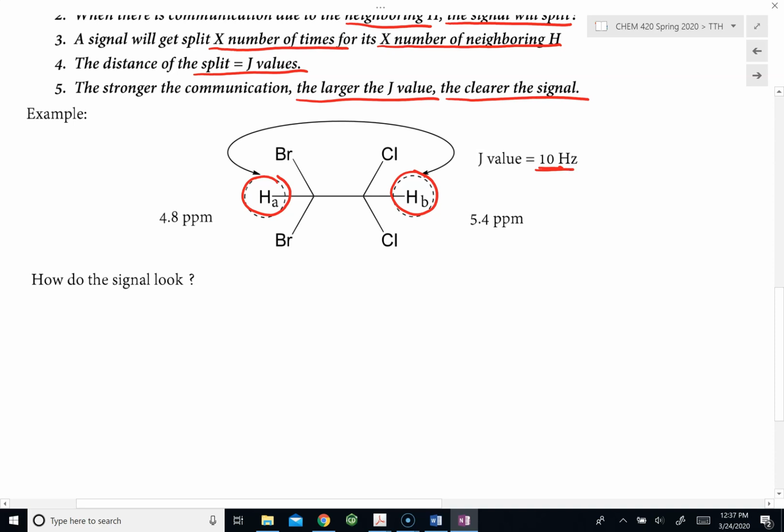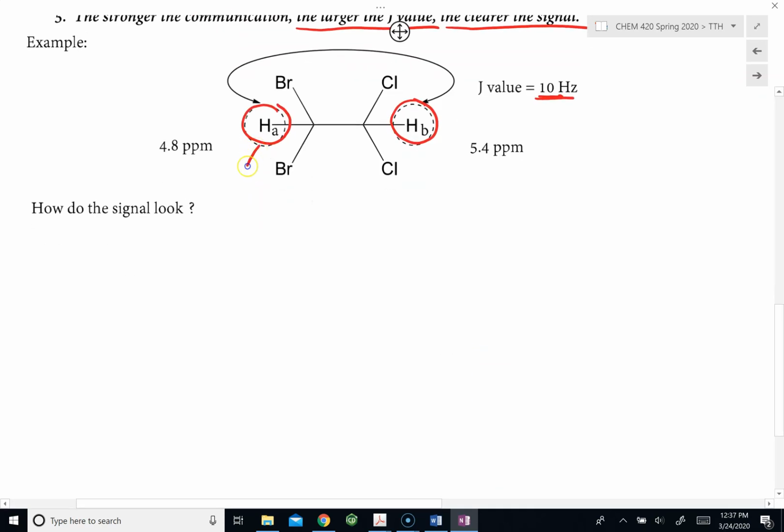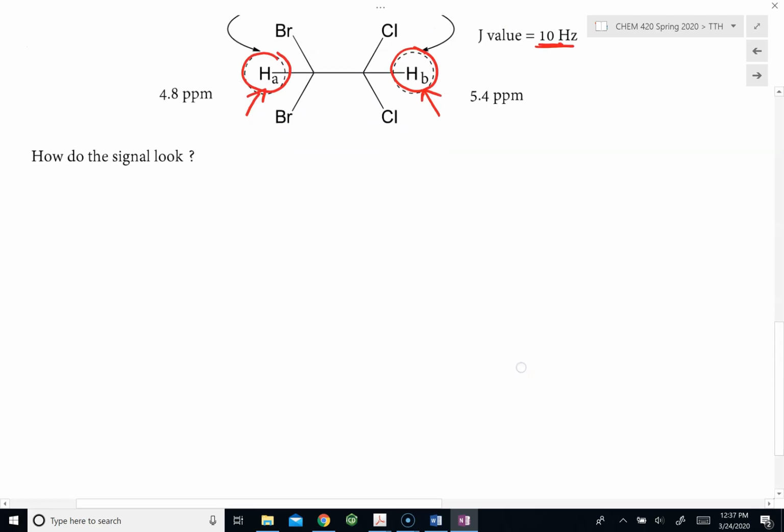So how does this affect these two signals? Hydrogen A will give us one distinct signal, and hydrogen B will give us another distinct signal. Now, how do hydrogen A and hydrogen B look?